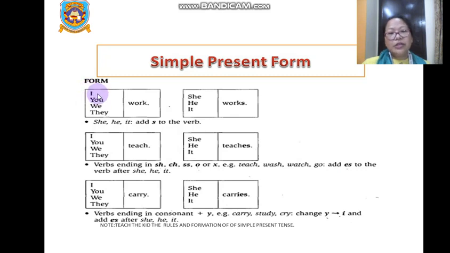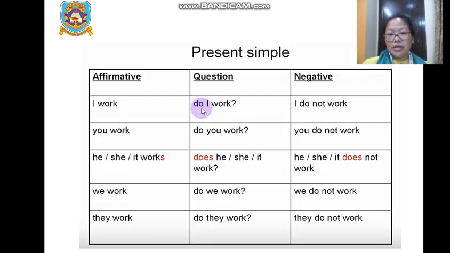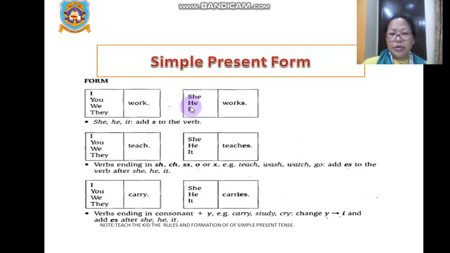So when the subject is a first or a second person, then our verb is in the root form. But if it is in a third person, then the verb has an s with it. We add s to the verb, like she works, he works, because she, he, it are third person.